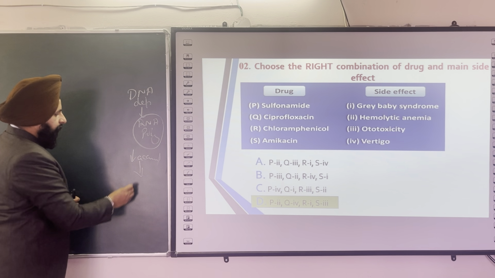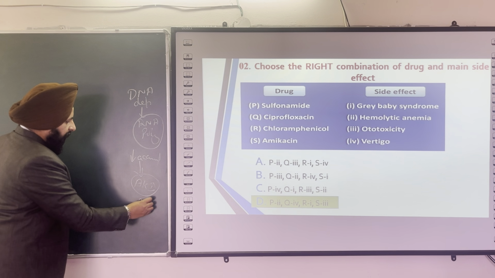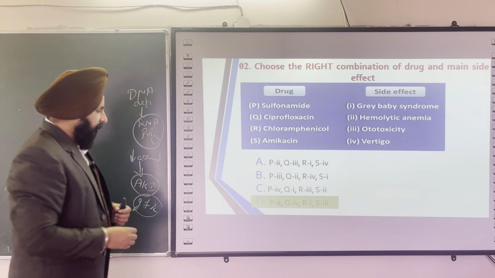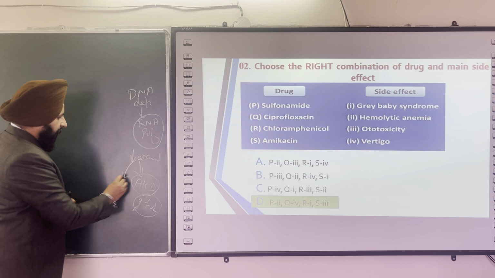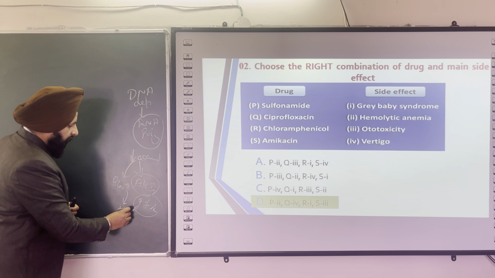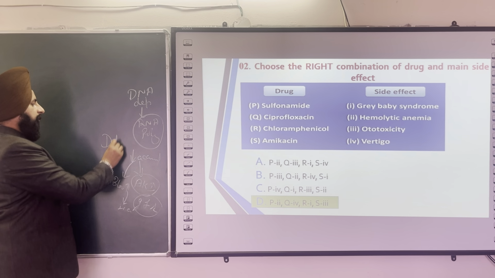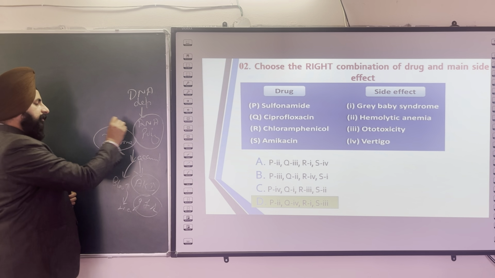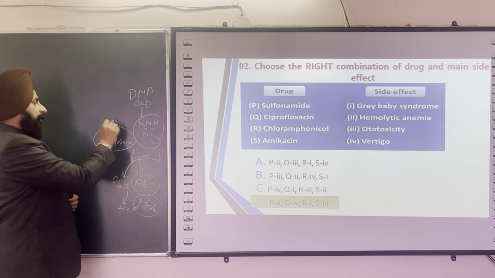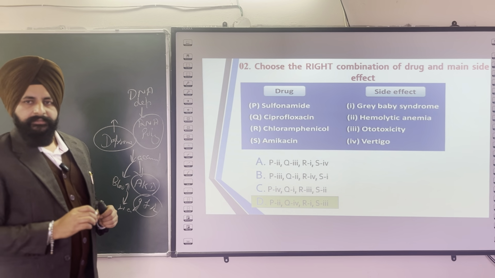Whenever the patient suffers from AKD, acute kidney failure, or has a low GFR, glomerular filtration rate, the drug concentration of sulfonamide in the blood increases, which is responsible for hemolytic anemia. Apart from this, dapsone also causes hemolytic anemia. So this is another option if it is available. Dapsone is more responsible for causing hemolytic anemia as compared to sulfonamide.